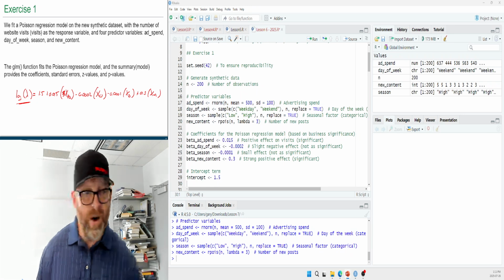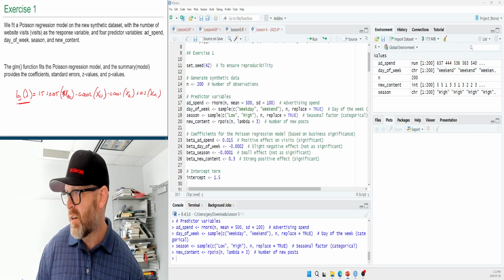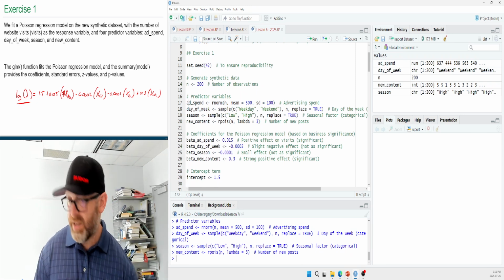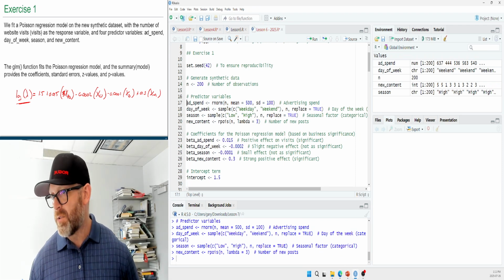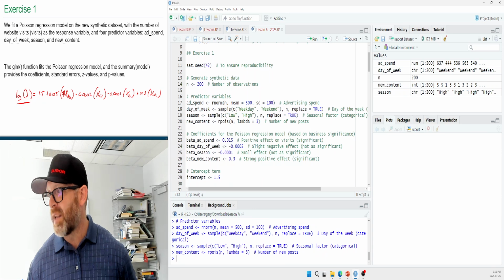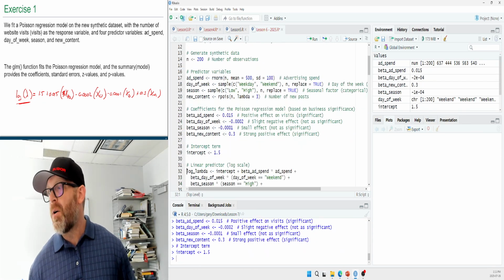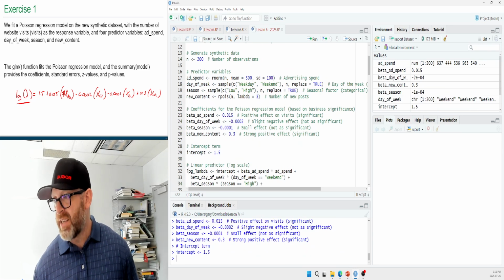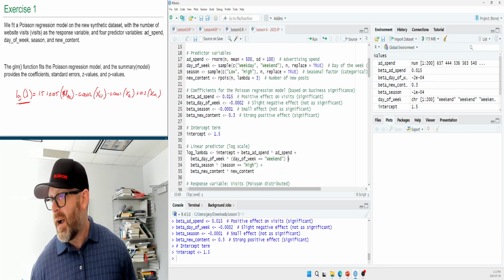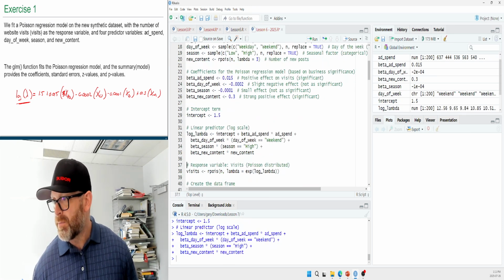All right, so if I do all of this here, at line 23, setting all of my parameters, my coefficients. Now I'm creating all of those log lambdas. So I'm saying the intercept plus beta times add spend, so on and so forth. Doing all of this, that is done.